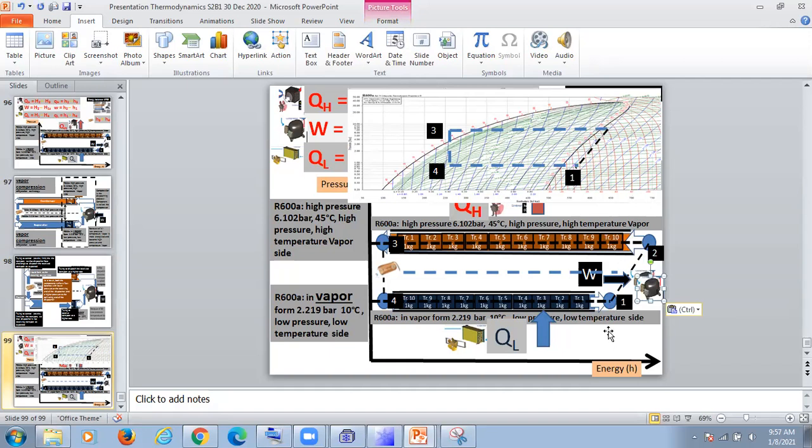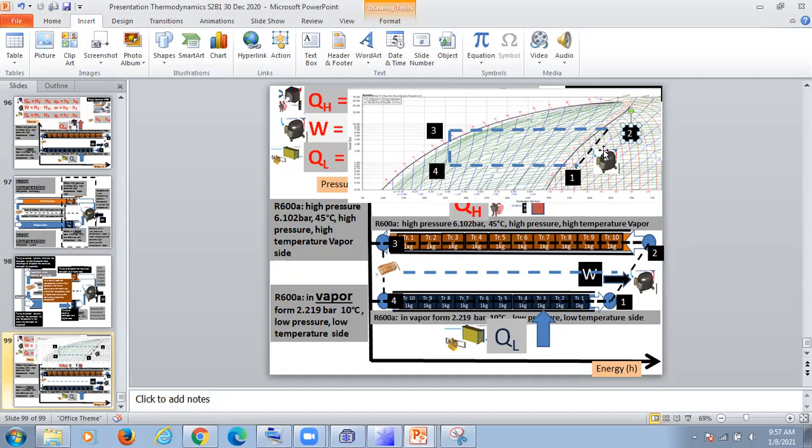Enthalpy increase, because of this. You can see this point 2 is outside the gas dome, outside the vapor line of the dome.